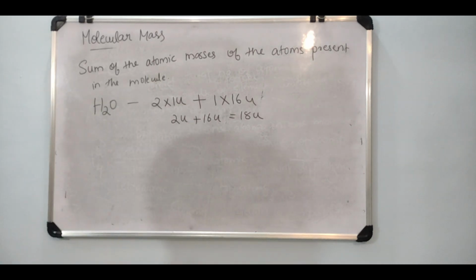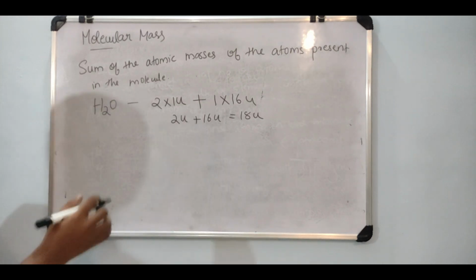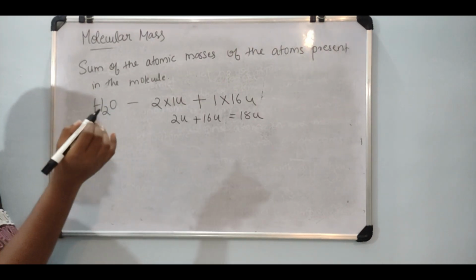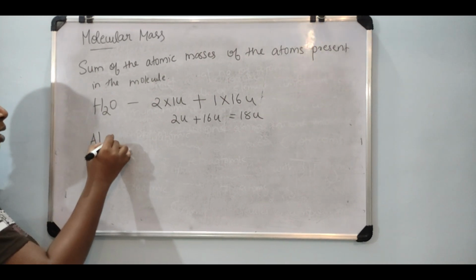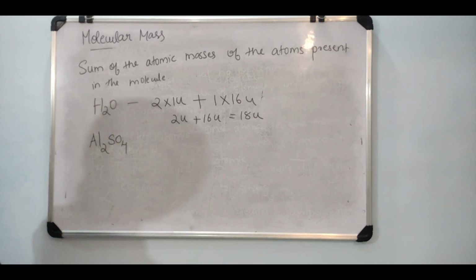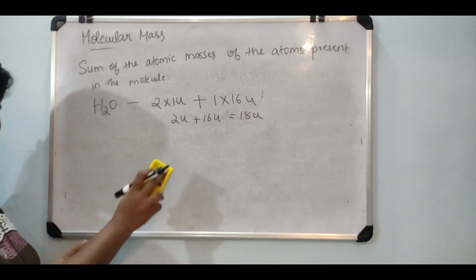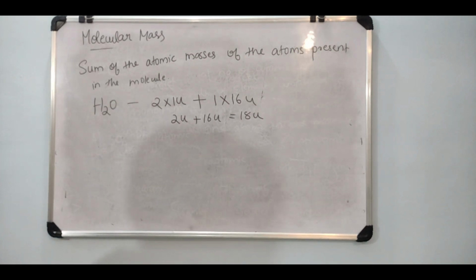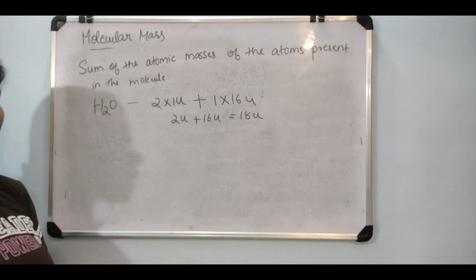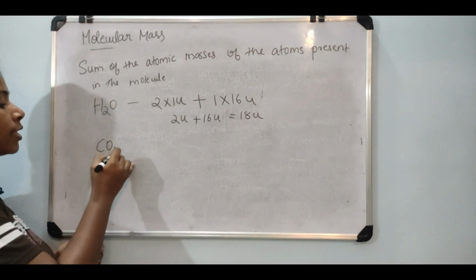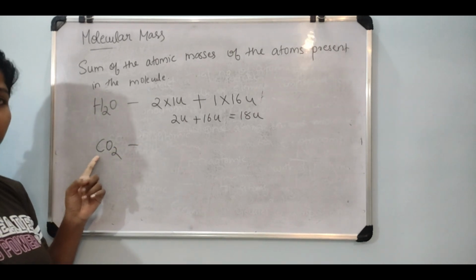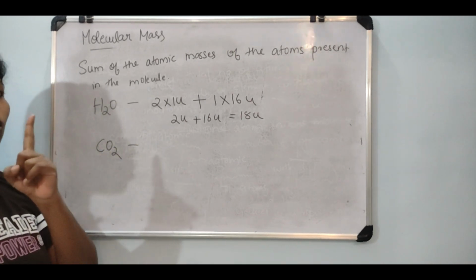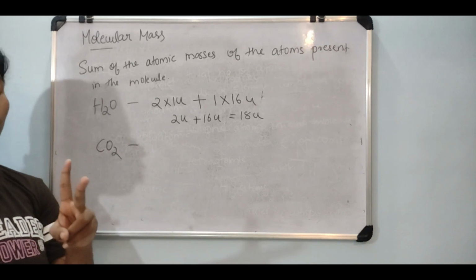Similarly, I'll give you some exercises. Find the molecular mass of Al2SO4. Okay, similarly find what is the molecular mass of carbon dioxide. What are the atoms present? Carbon and oxygen. How many carbon? 1 carbon and 2 oxygen.